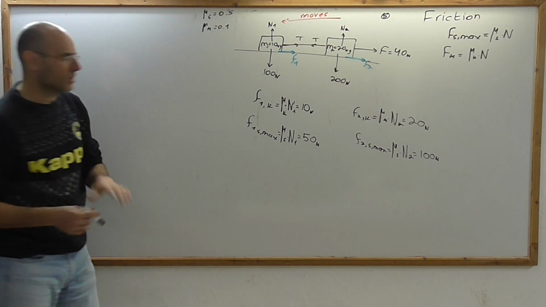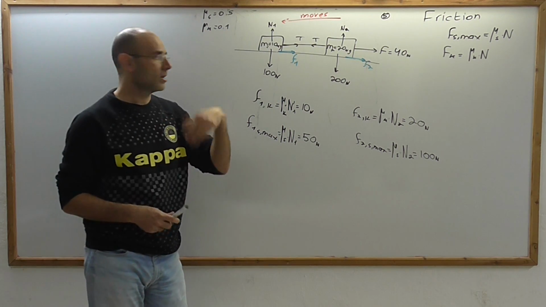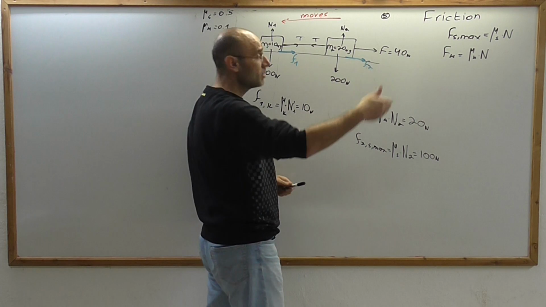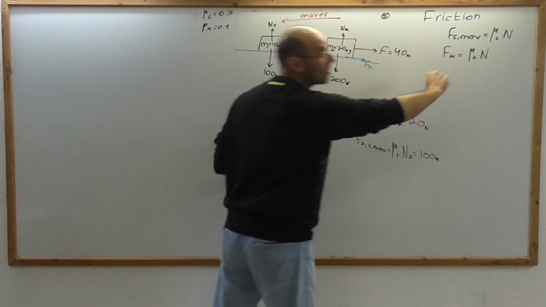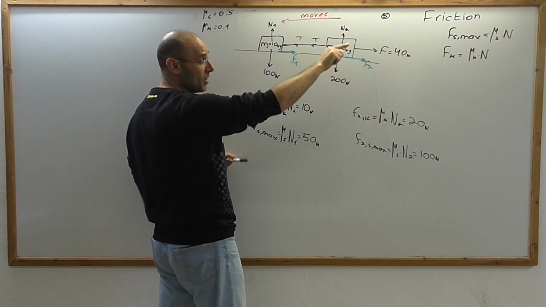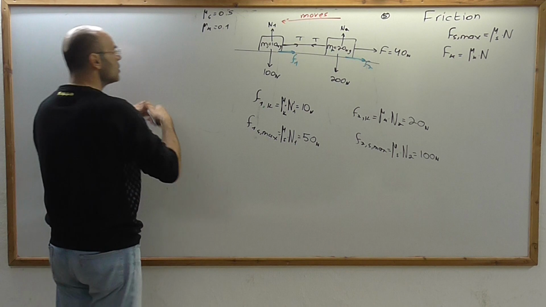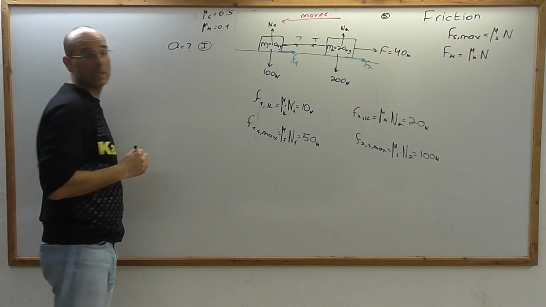Now let's ask questions. We know this system will accelerate with a negative figure because it slows down. If it moves that way and the friction is this way and someone else pulls it again in the same direction, obviously it will slow down and stop. So first question, I want to know, what's the acceleration?